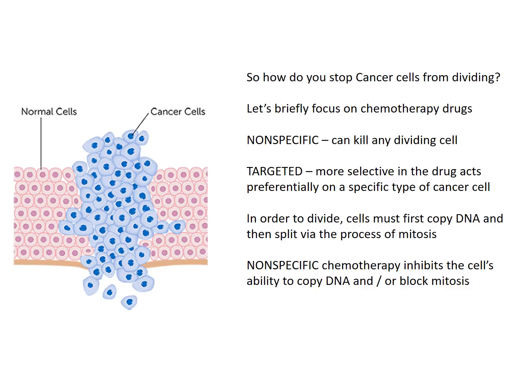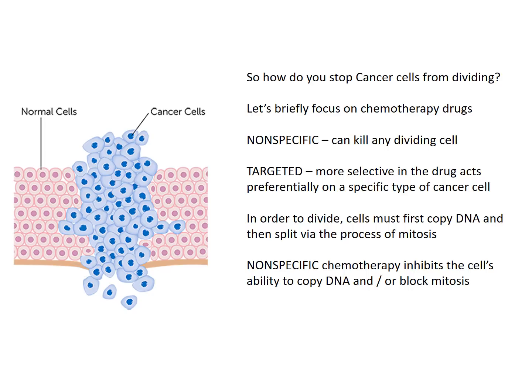Remember, cancer is rapidly dividing cells. So a non-specific chemotherapy would kill any rapidly dividing cell, and we have numbers of rapidly dividing cells in our body, right? So if we give somebody an agent that kills the cancer cell, but also kills normal cells, we would consider that to be non-specific.